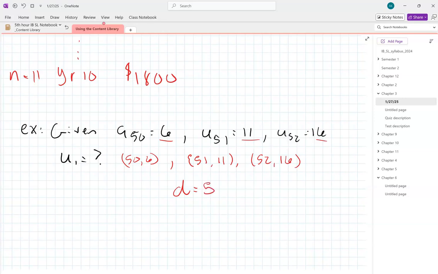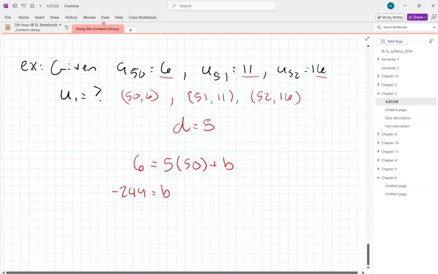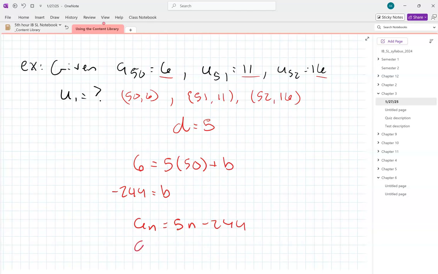So I'm going to say, okay, 6 is equal to 5 times 50 plus b. So b is going to be negative 244. So my equation is going to be that. So if I want a1, that's negative 239.